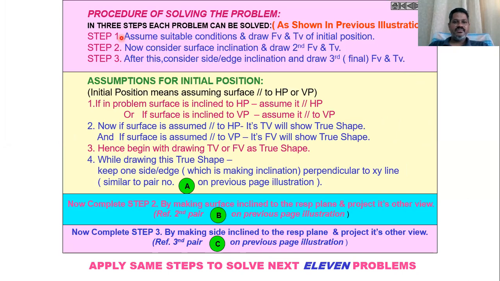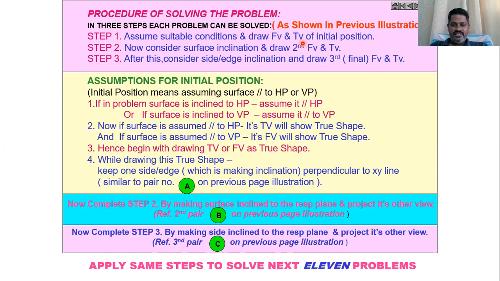In the first step, assume suitable conditions, and draw the front view and top view for the initial position with the given dimensions.